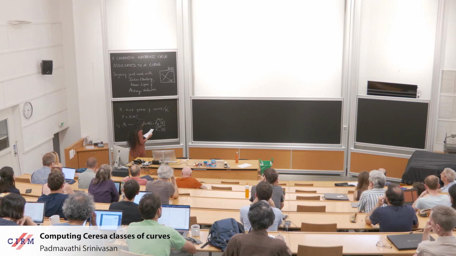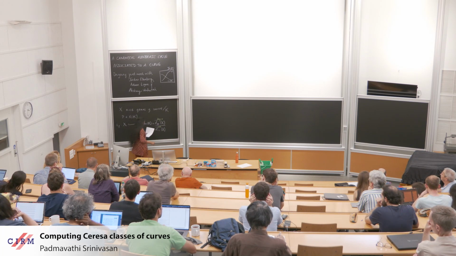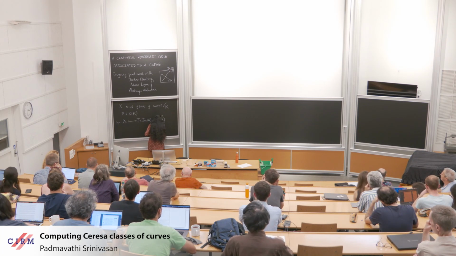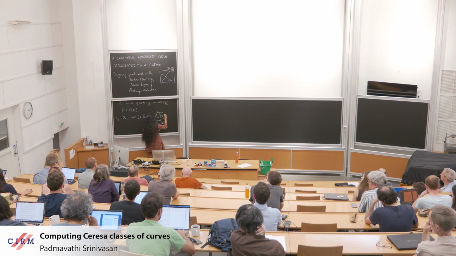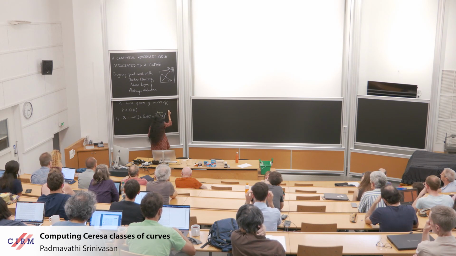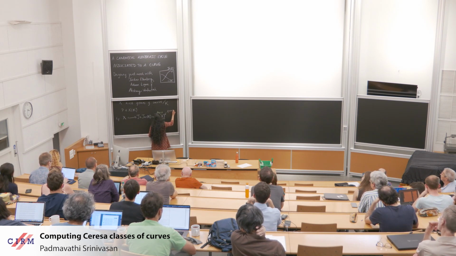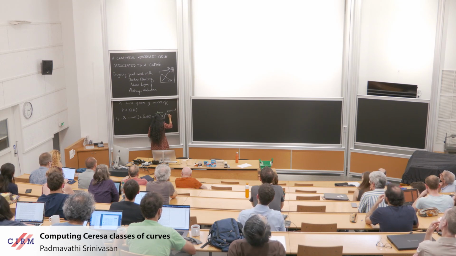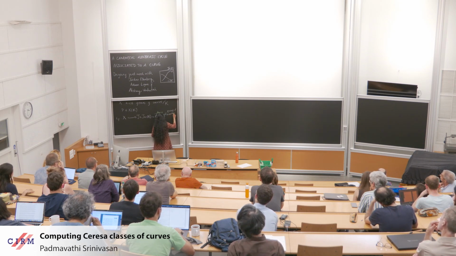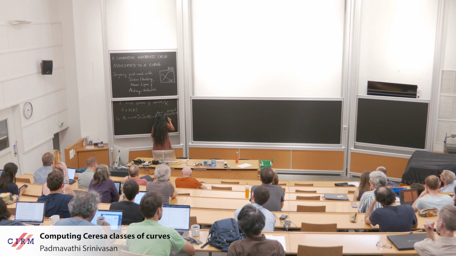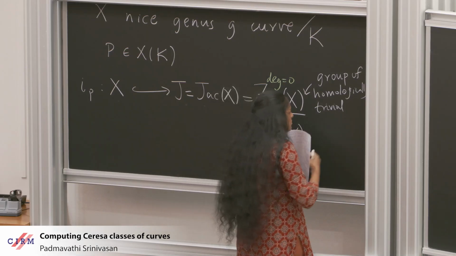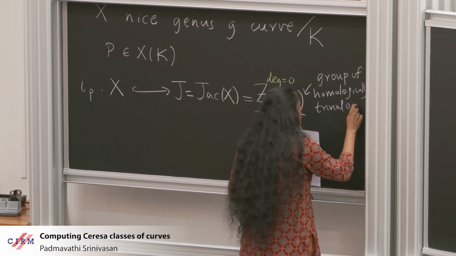Just to recall what these are, this again, like I said, is the group generalized to higher dimensions. I call this the group of homologically trivial zero cycles. So zero-dimensional cycle.